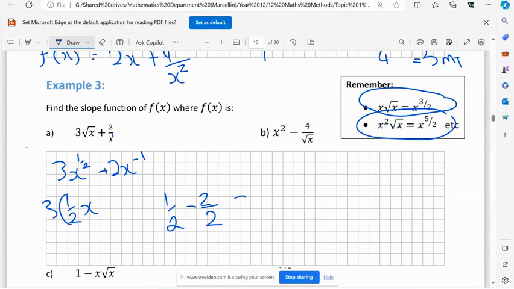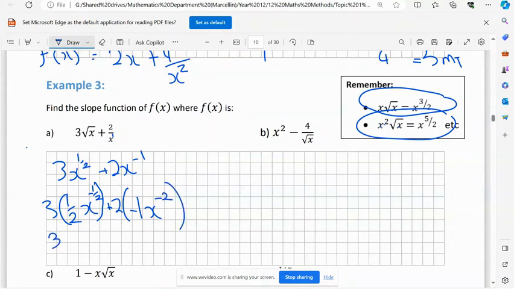So 1 take 2 is minus 1 half. So your new power is minus 1 half. And you've got plus, so that's all in the bracket, plus 2. I'm going to run out of space. Plus 2, and we'll do the same thing here where we put the minus 1 out the front and then subtract 1. That's okay for now.